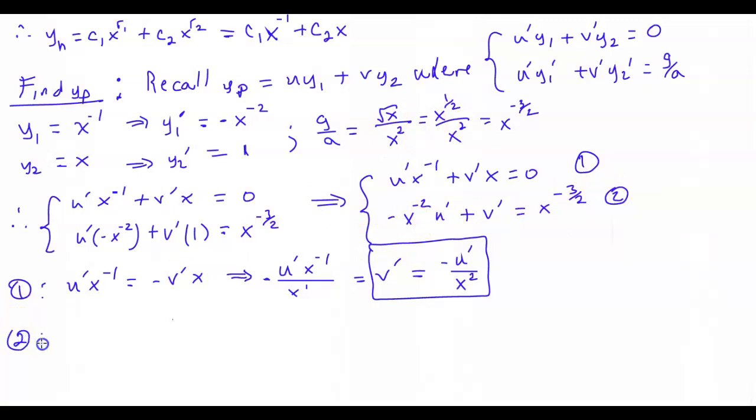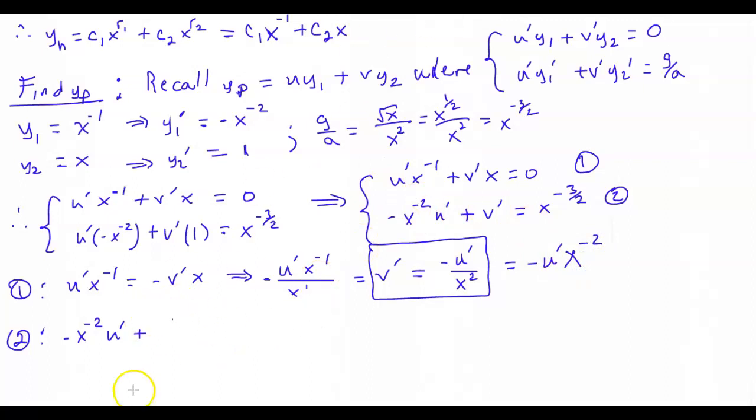For equation 2, it's going to be minus x raised to the negative 2 u prime plus v prime, which is just a minus u prime over x raised to the negative 2 again, because this could be rewritten this way.